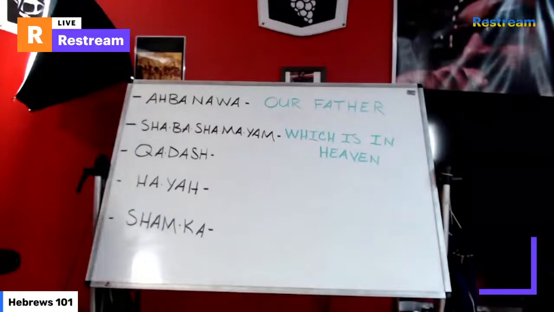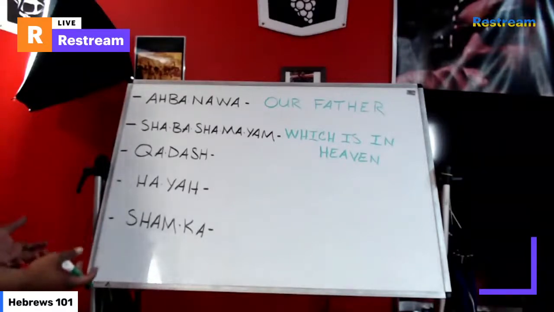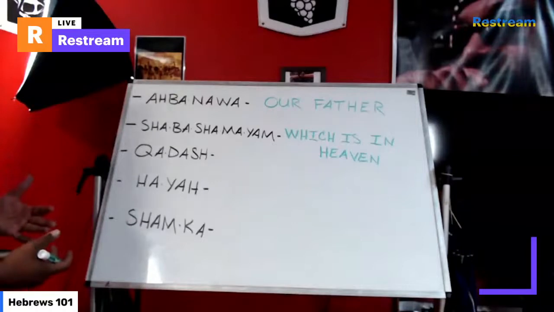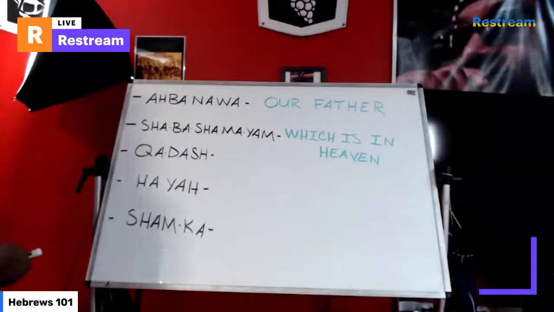We're going over the Our Father prayer, the Lord's prayer. So far we have Abanawa, which means our Father. Then next we have Shabbat Shemayim, which is going to mean which is in heaven. Then our next word is Qadash. What will that mean?